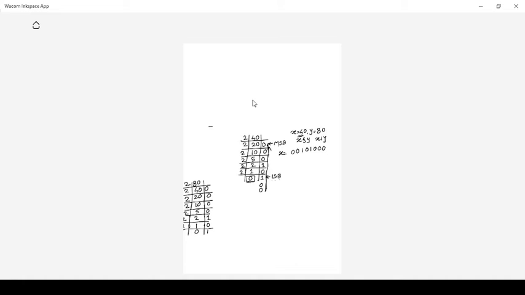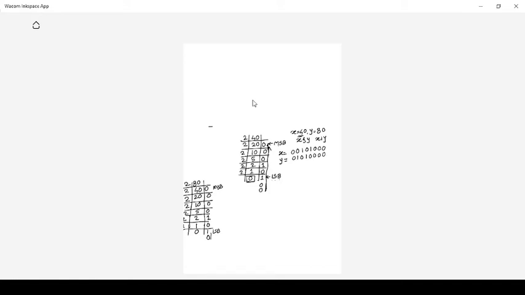Now you can see this is my LSB bit and this is my MSB bit. Now you can count 1 2 3 4 5 6 7. Just add one more 0 at this side and write the number. So y is equal to 0 1 0 1 0 0 0 0.